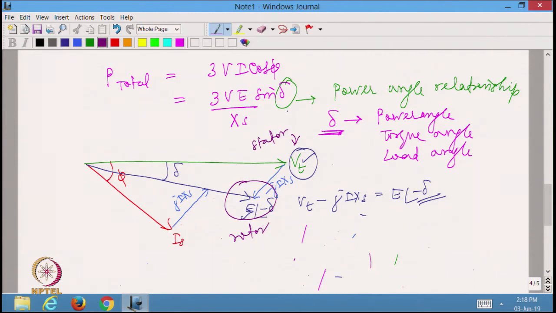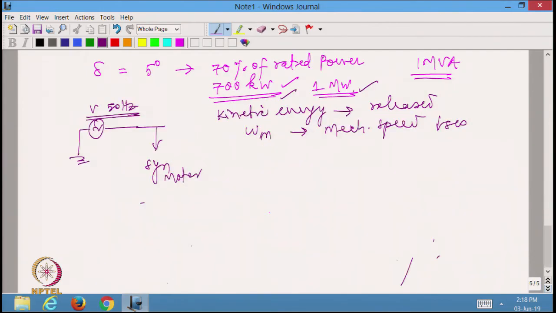The stator frequency is set in stone, that is 50 hertz, whereas the rotor speed depends upon the velocity at which the rotor is rotating. The rotor speed has come down. Maybe originally it was rotating at 1500 RPM, and now it has come down to 1490 RPM.